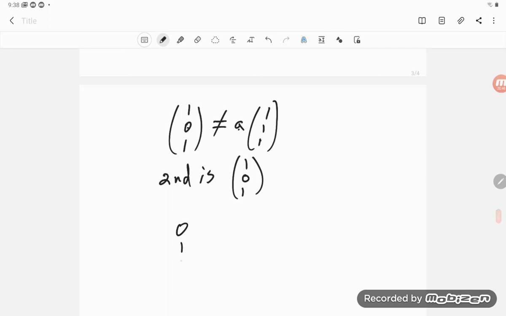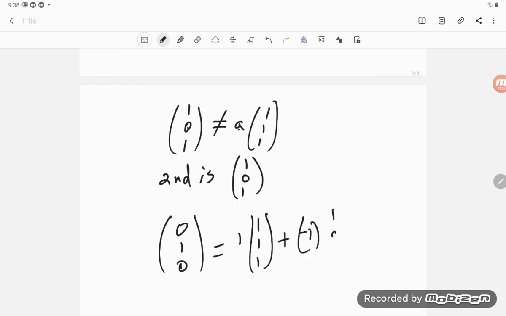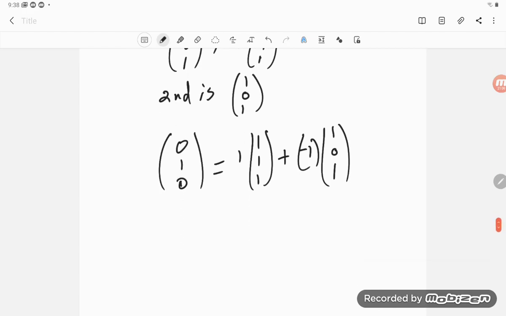I made it this way so I didn't have to do any matrix algebra. That's 1 times 1, 1, 1 plus negative 1 times 1, 0, 1. I didn't solve this as a matrix equation to find those non-trivial solutions, but certainly I can make that.